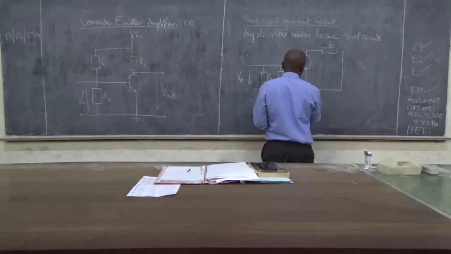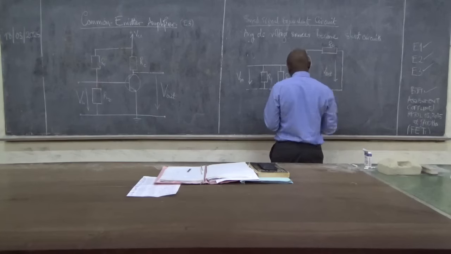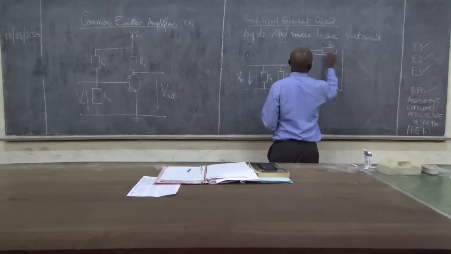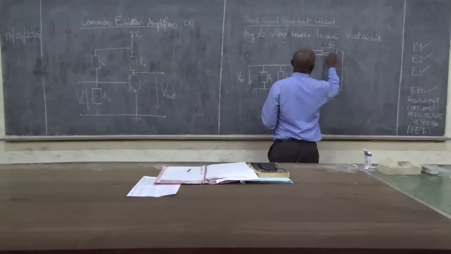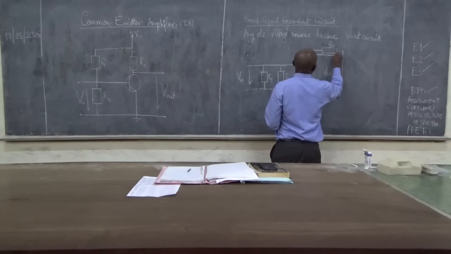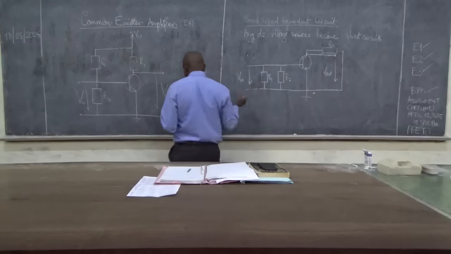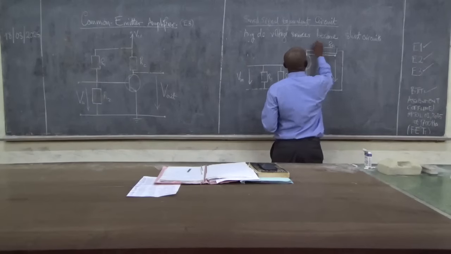Then we have the ground. Then we have here the other one, other two also, and then this is the IC.